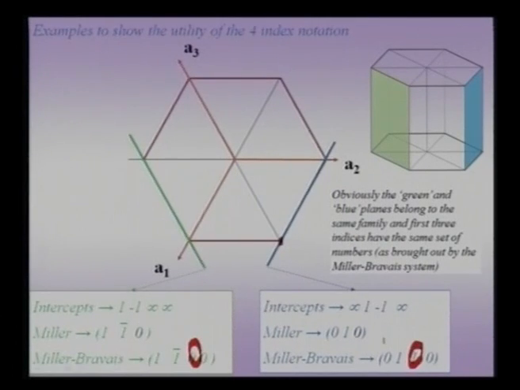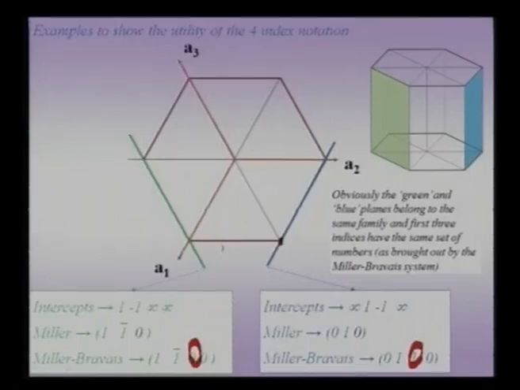So, using a 4 index Miller-Bravais notation, where the first 3 indices refer to the basal plane, which is this plane shown here, I will actually bring out equivalence between equivalent planes. So, this is why the additional index is there, and now I can go ahead and permute and generate all the equivalent set of planes.